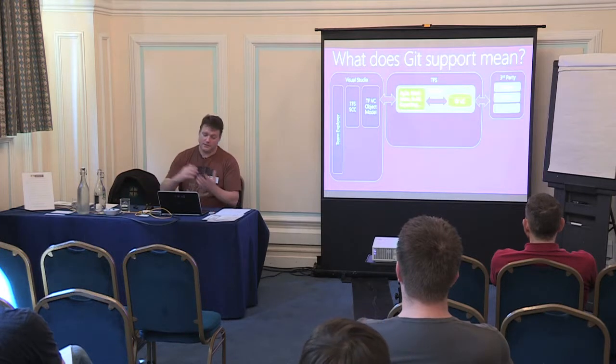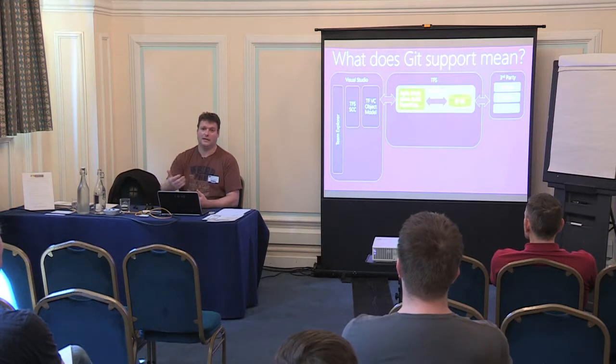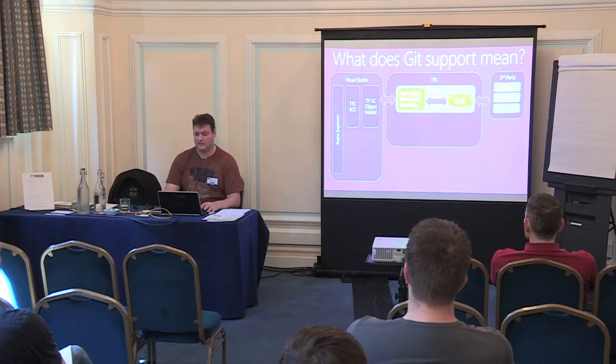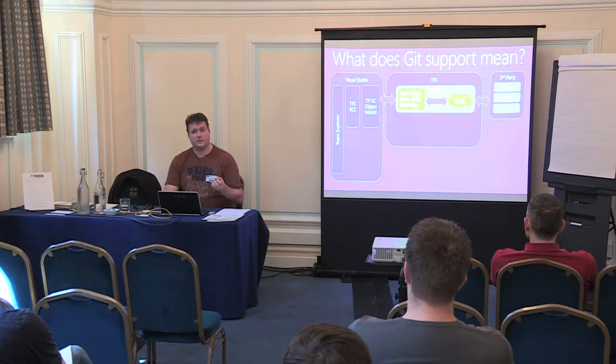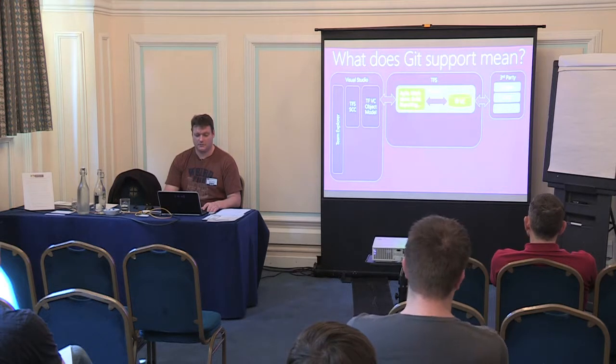You can access that through other integrations. We've got an Eclipse integration, for example, through Team Explorer Everywhere, which is a cross-platform integration into Eclipse. There's also a cross-platform command line. So if you're on another platform, you can still contribute to Team Foundation version control.